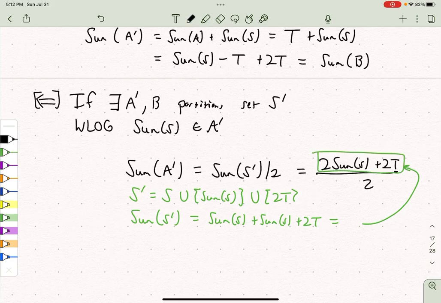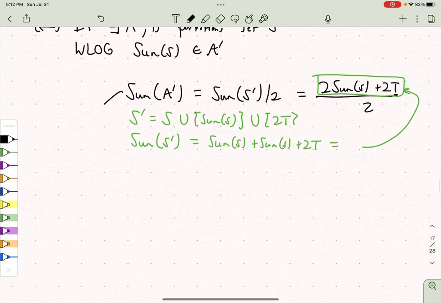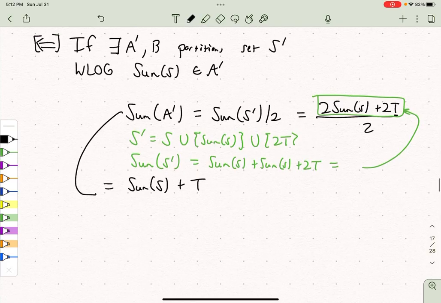Okay, so we know the sum of A prime is half of that, and so the sum of A prime is equal to the sum of S plus t. And now what have we done?